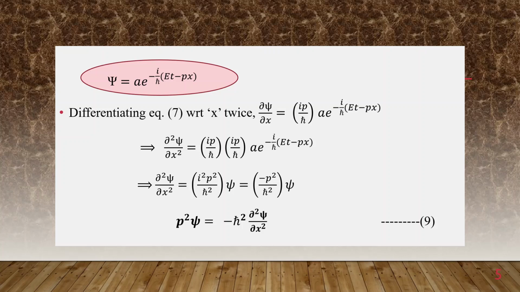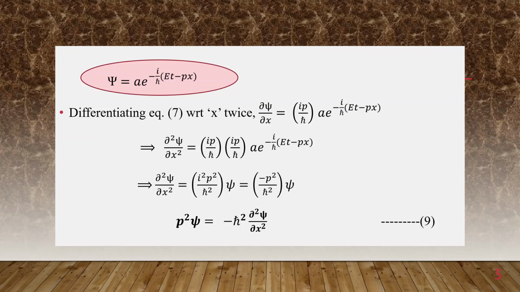So what will happen? These terms are constants. Ip by h cross into a, I can write it as such. Again differentiating the exponential function, what will happen? Minus I by h cross into minus p. That will come again, minus into minus plus ip by h cross. The rest of the exponential function as such. Clear? So ip by h cross into ip by h cross is I square p square by h cross square, into the other terms related to psi.